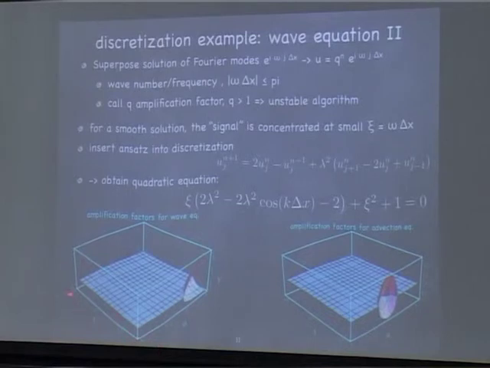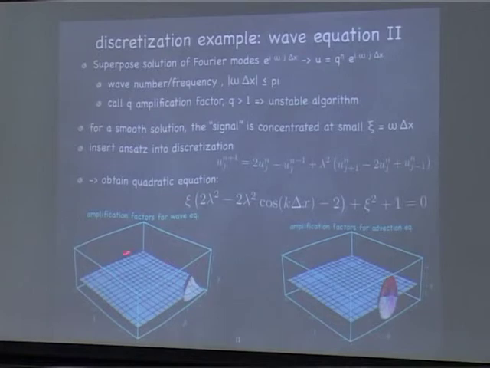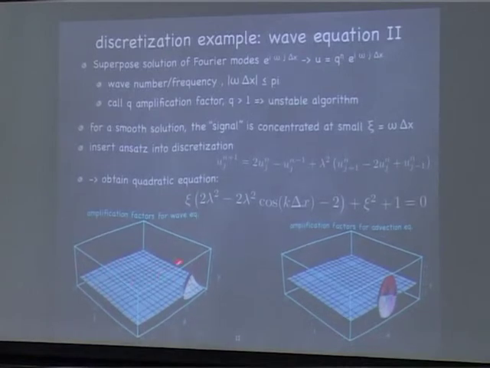It starts with 0 in the back, because at small lambda nothing is going to happen. And we're just plotting this amplification factor, this Q. What we see is that it's 1 for small lambdas, everything's okay.